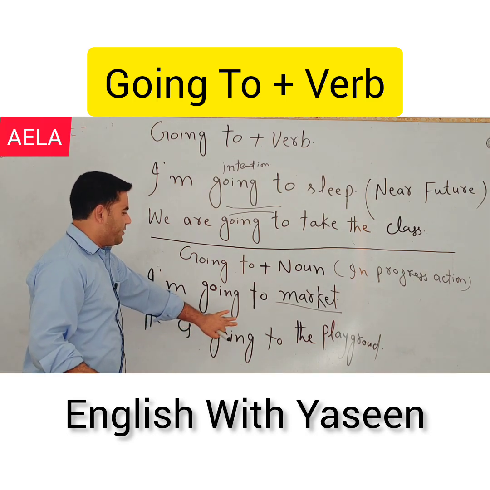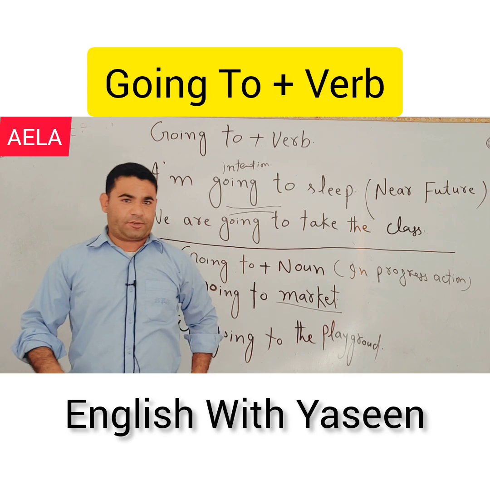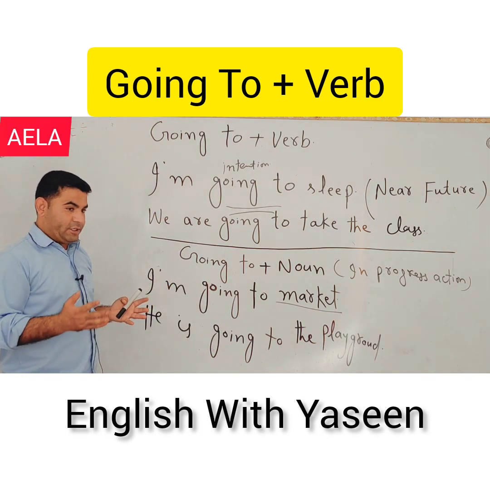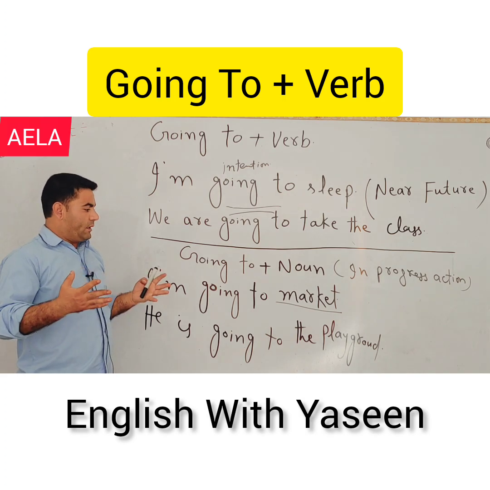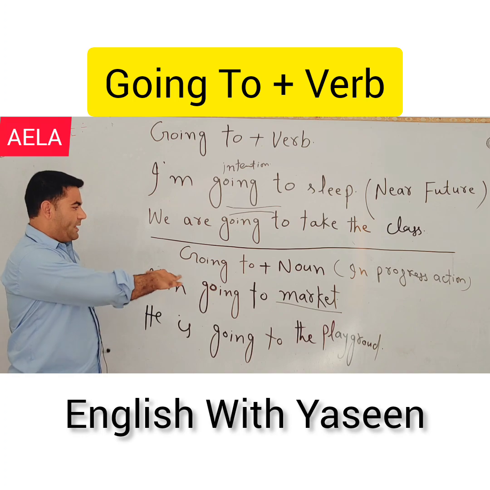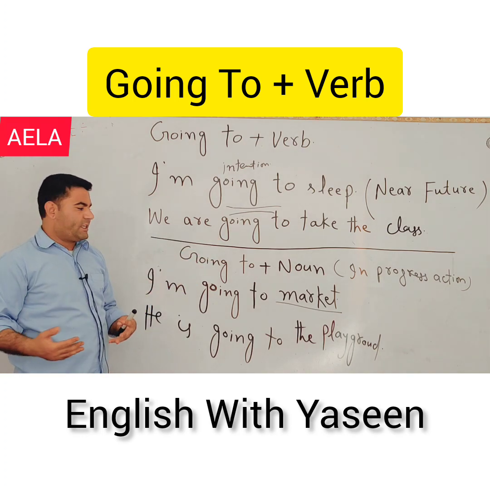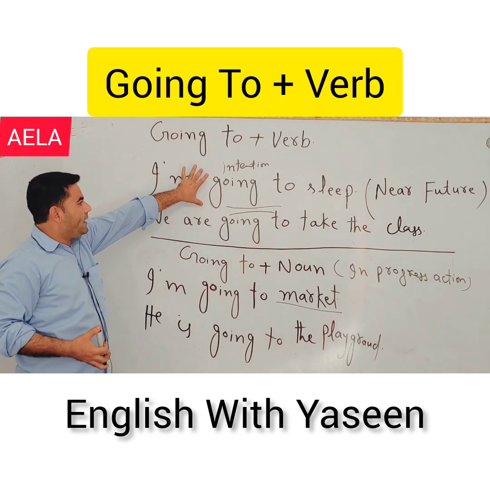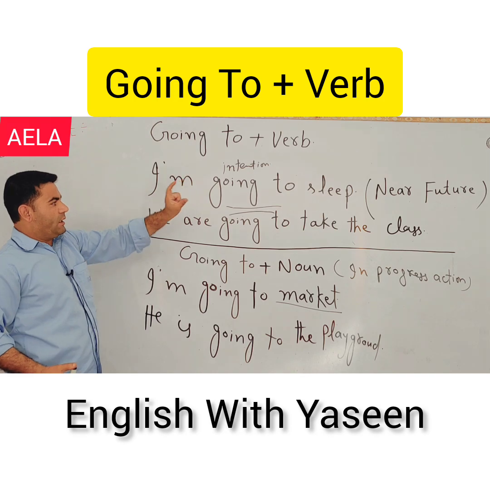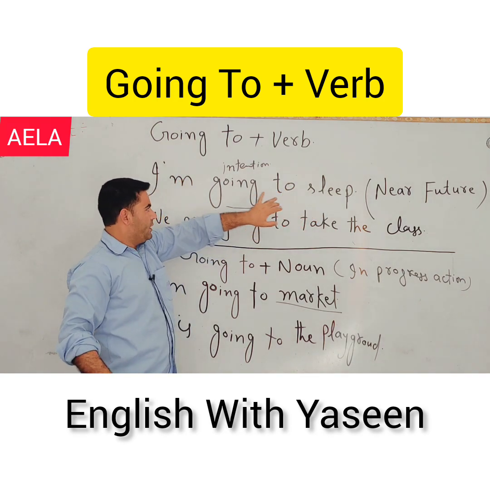He is going to the playground. So playground is also a place, you know that. So it's a noun, okay? So when a noun is used, then it is present progressive or present continuous tense. But when a verb is used after going to, it will be near future.